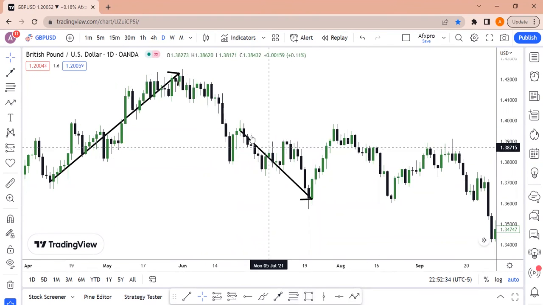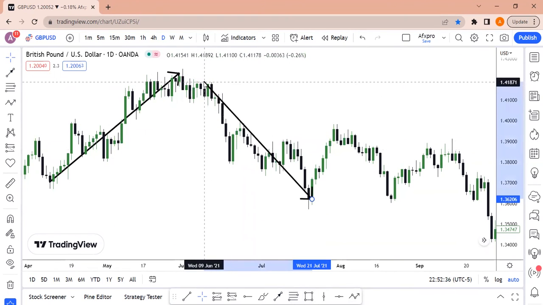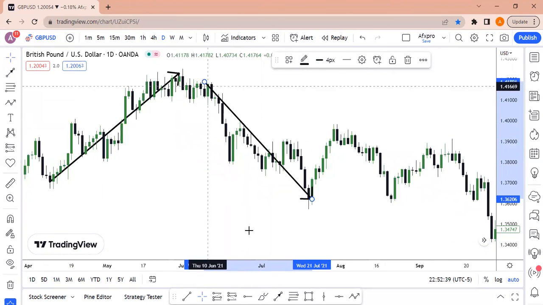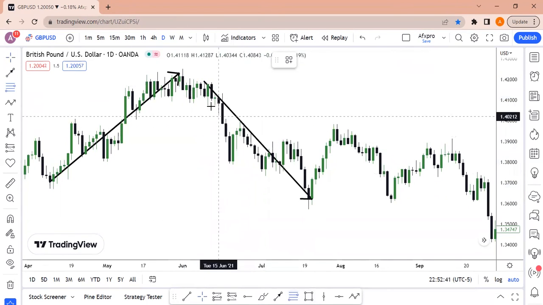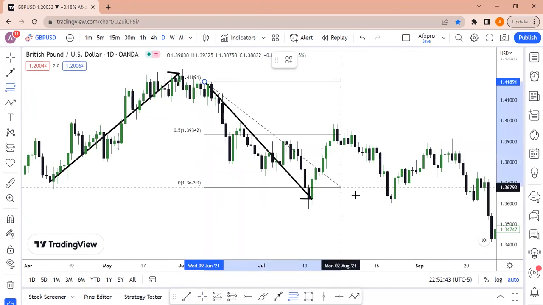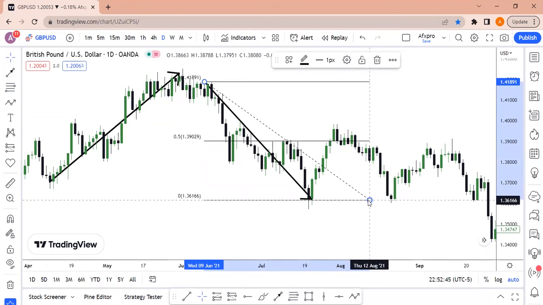But the reason why you should use this one instead of this one is because when you measure this, sometimes you just get lucky, because most times price doesn't get to the premium level. But this one, it tapped the Fibonacci 50% and then traded a little into the premium level.